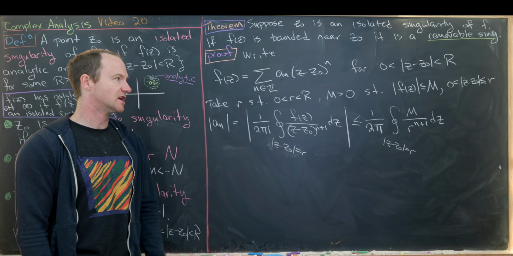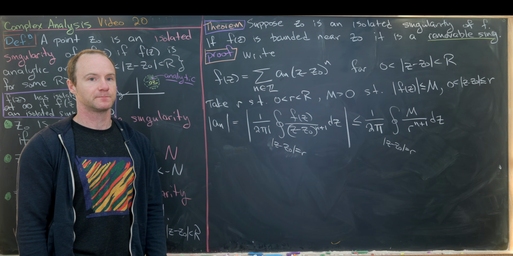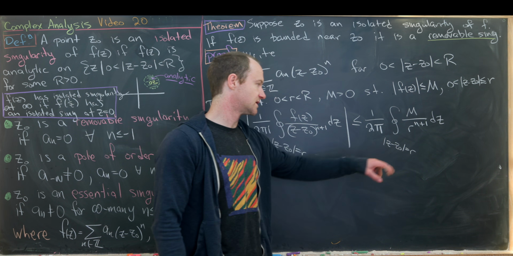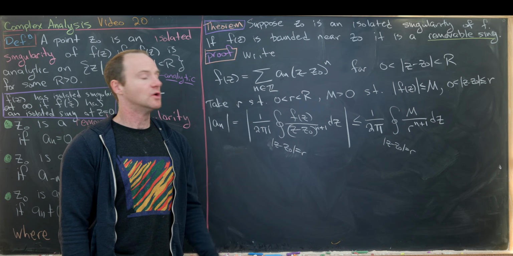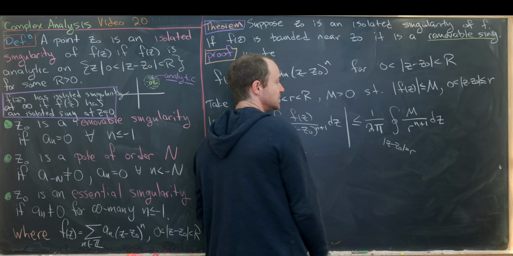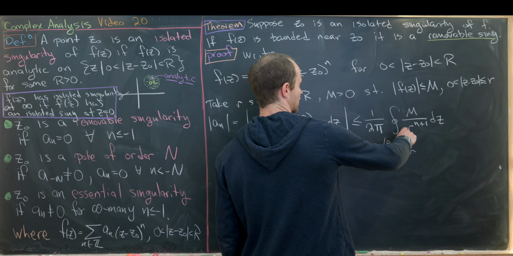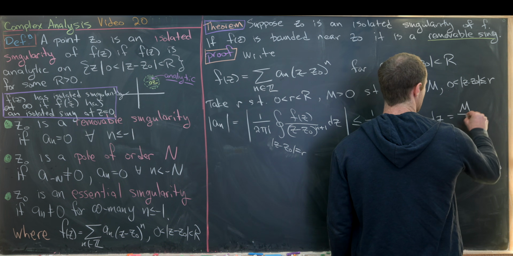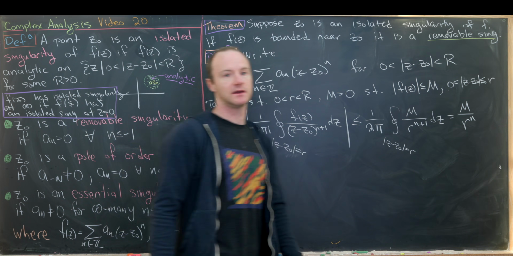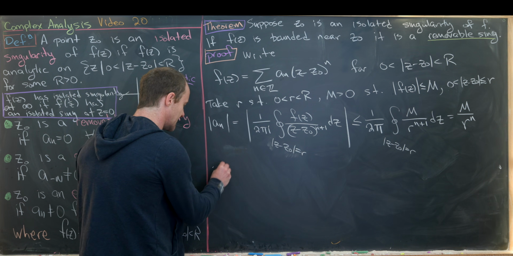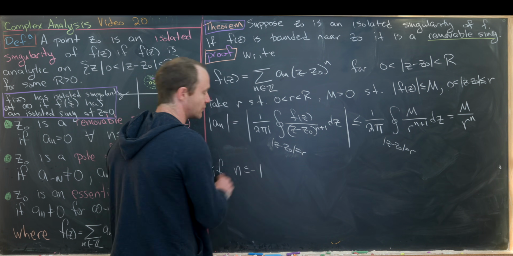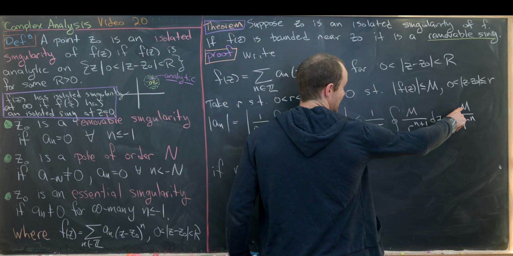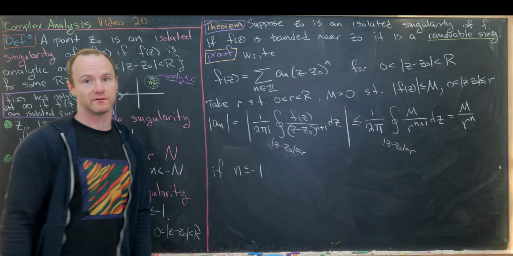Again, that's just from taking those bounds. Integrating this, which is just a constant, will give us the circumference of that circle, which is 2 pi r. That cancels out one of the r's in the denominator as well as the 2 pi. So that gives us M over r to the n. But next, let's notice that if n is less than or equal to negative 1, then we really have M times a positive power of r.